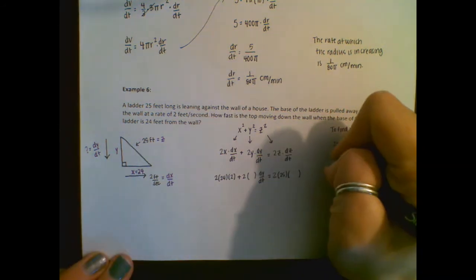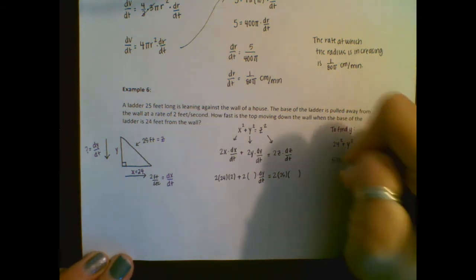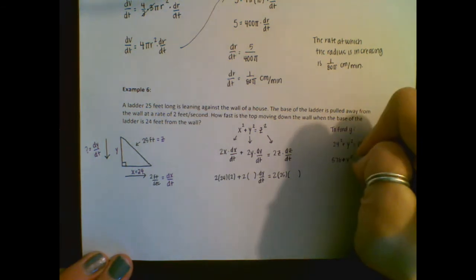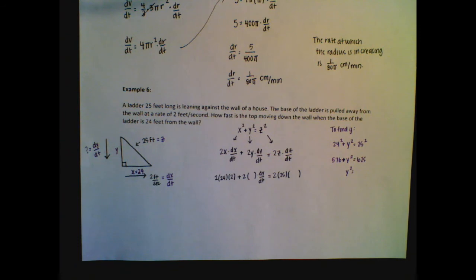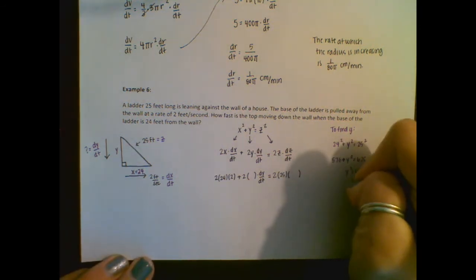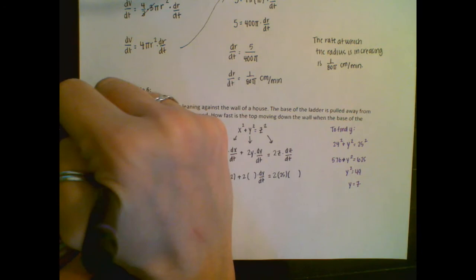So that's going to be 576 plus y squared is equal to 625. That's going to give me y squared equal to 49. And since we're talking about distance and lengths here, we're really only worried about the positive value. So my y value here is going to be 7.